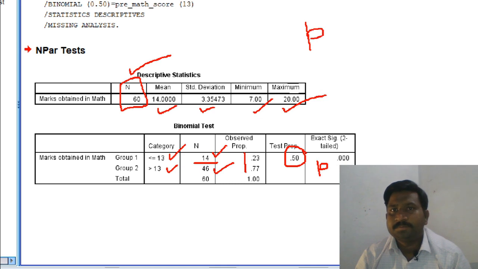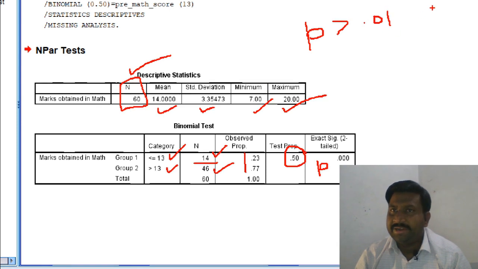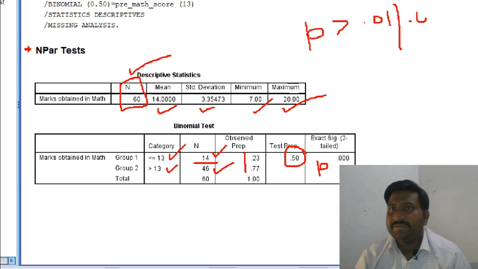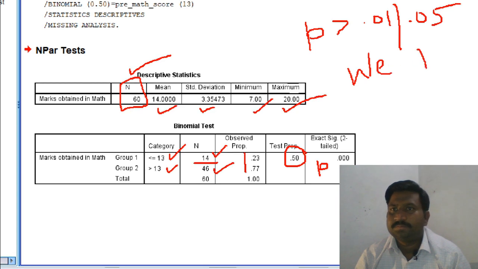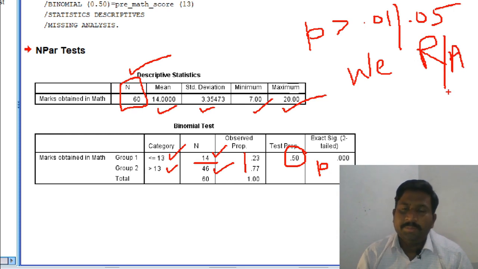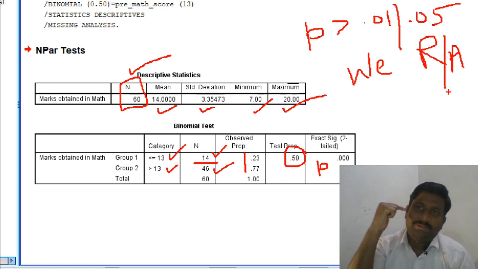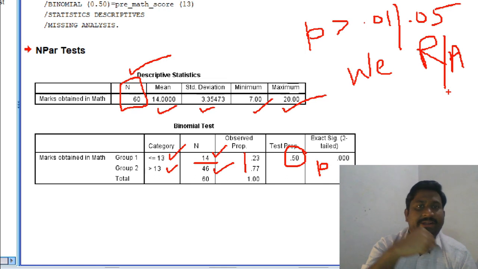If the p-value is greater than 0.01 for 99% cases, or 0.05 for 95% cases, we retain or accept the hypothesis. It means if p is greater than 0.01 or 0.05, there is no significant difference between the tested value and the sample value, the tested mean and sample mean.